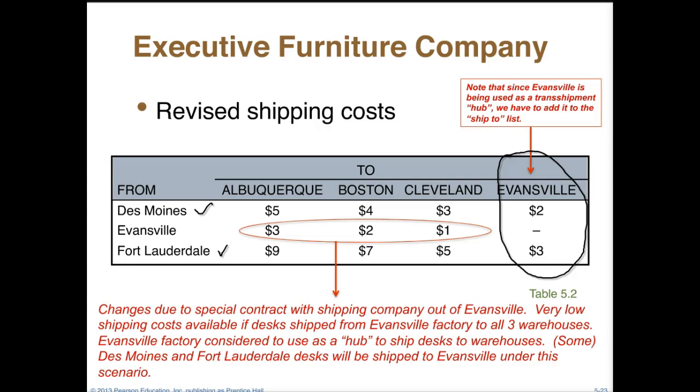Now, of course, the only place where you won't see that is here, because we can't ship to ourselves. I mean, we could, but it's not going to really help us. Because remember, we're still making product in Evansville as well, and so that product is already there. So there's no need to model costs from going from Evansville to Evansville. Doesn't make sense.